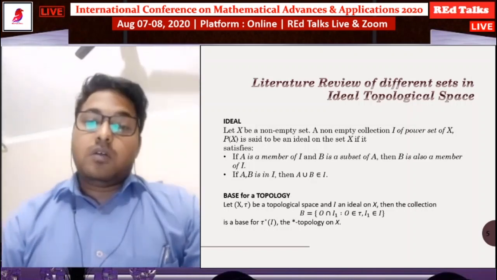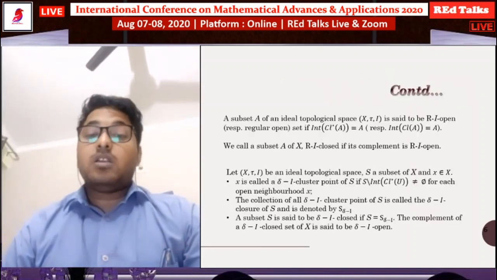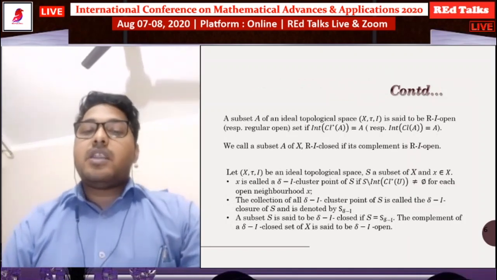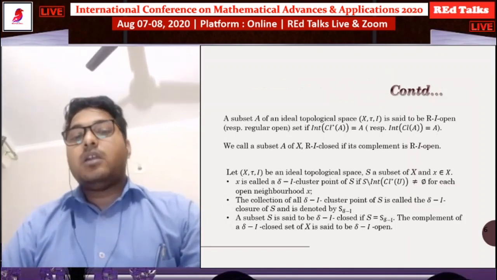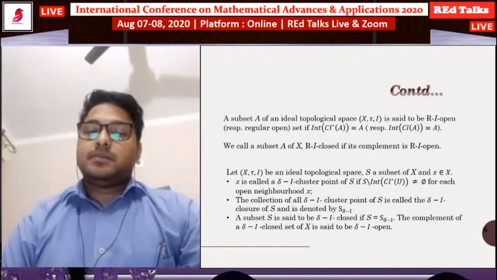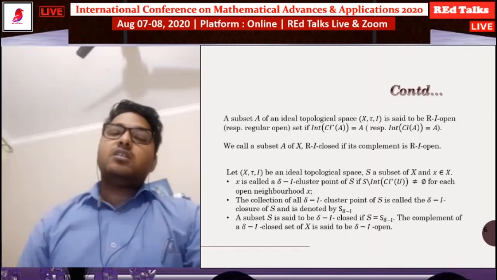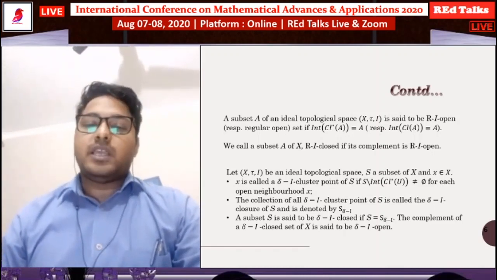Now, we should define some other important open sets in ideal topological spaces, that is, regular I open and delta I open sets. To define regular I open, I will recall the definition of regular open sets.